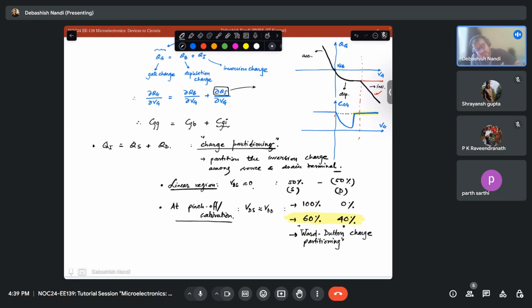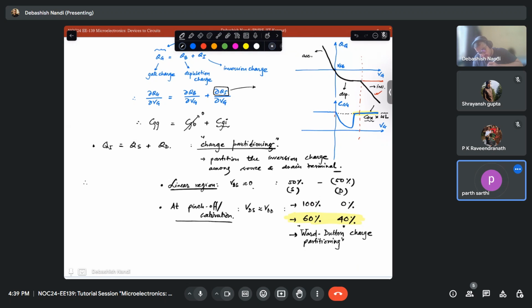What is the value of this capacitance? Cox times WL. WL is the area and Cox is the oxide capacitance per unit area. So in this case, my CGB is 0, as we have earlier discussed.